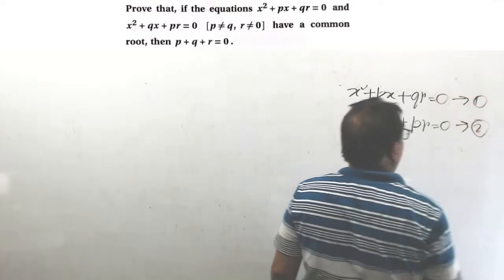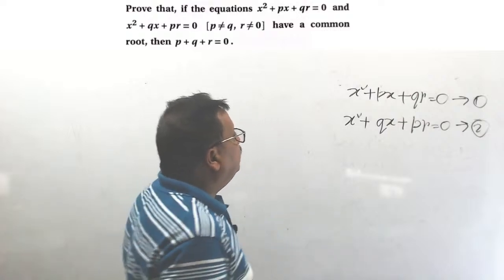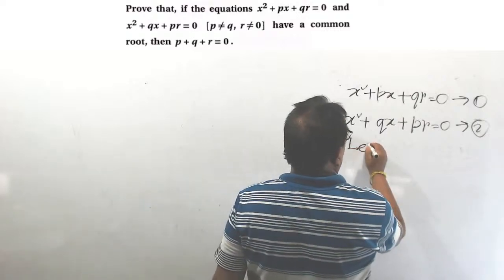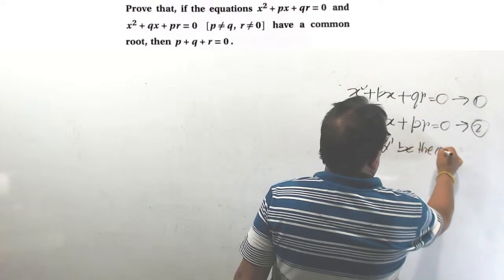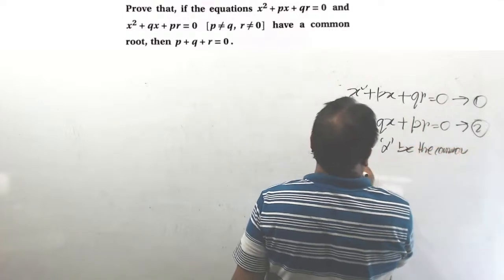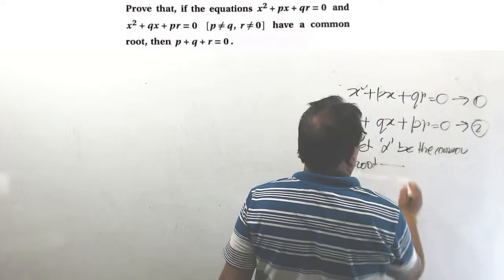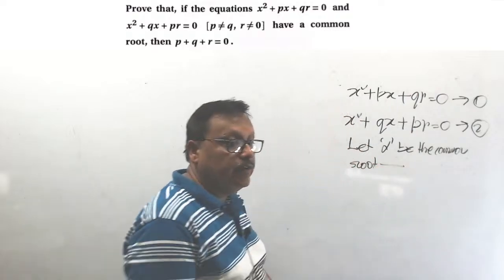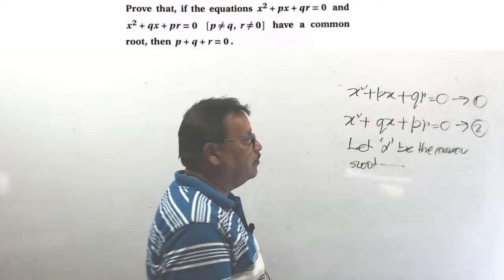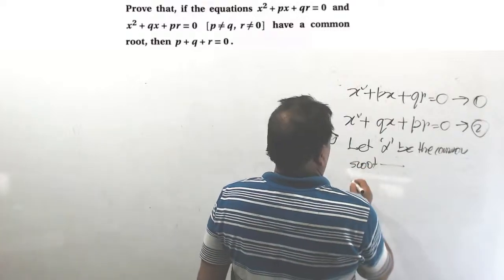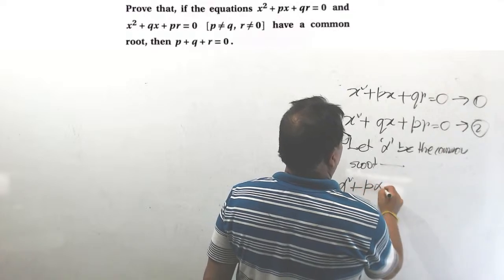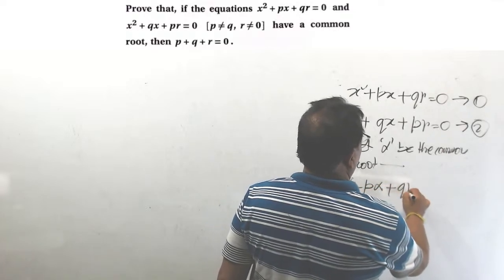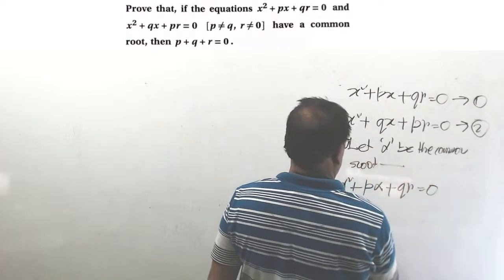and number 2. Okay. Let alpha be the common root. So, of course, alpha will satisfy both equations. That is alpha square plus p alpha plus qr equal to 0.